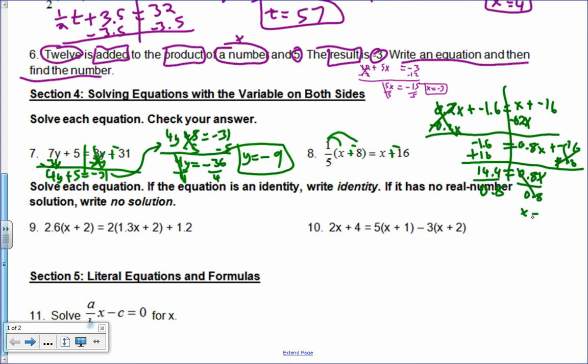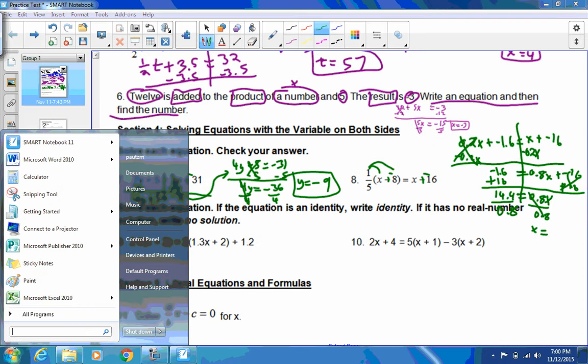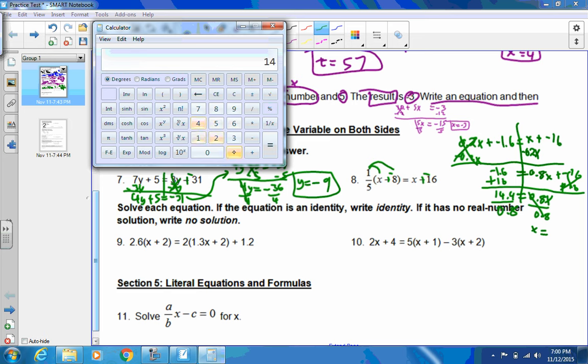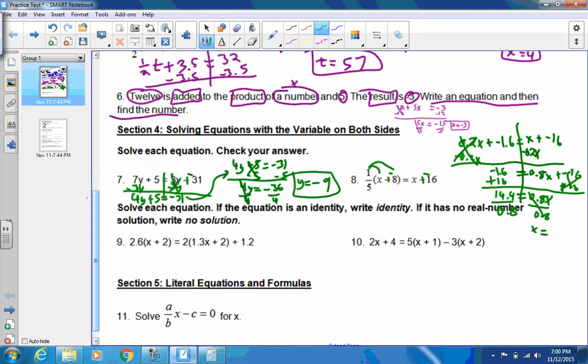And you're left with x equals, let me check that. 14.4 divided by 0.8. 18. What a nice answer. Lovely when it works out like that, huh?